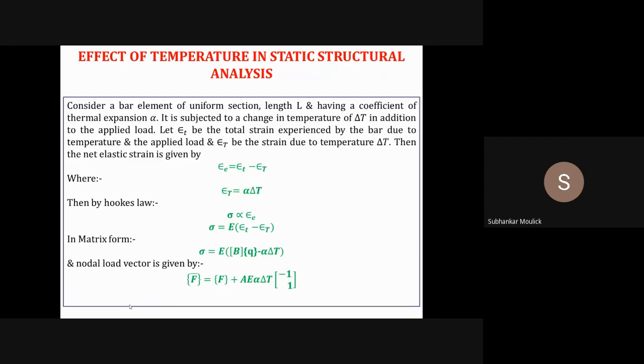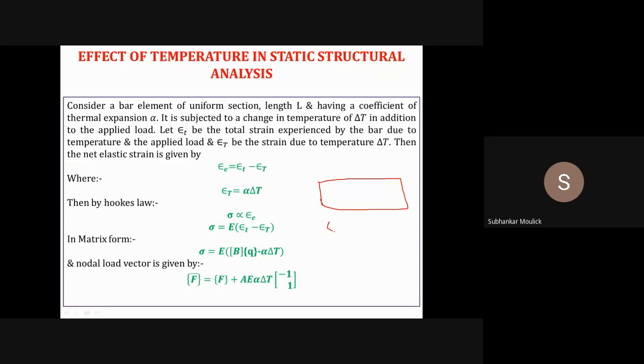For example, consider a bar element of uniform cross section, that means the cross section is the same throughout the element.